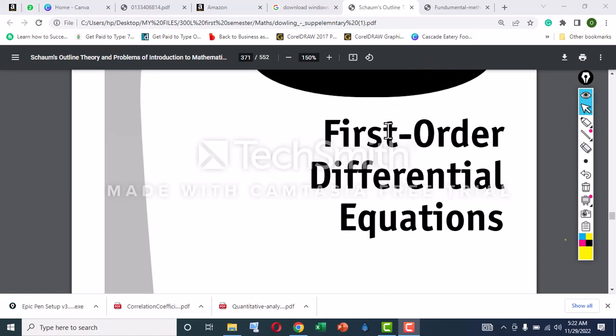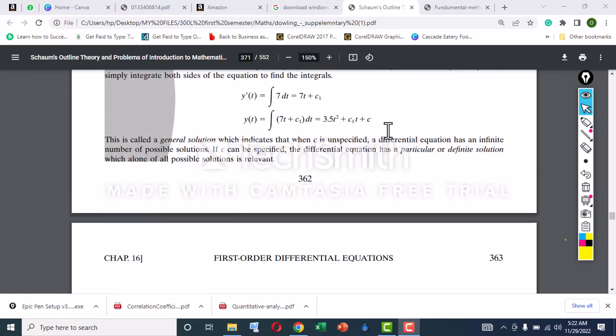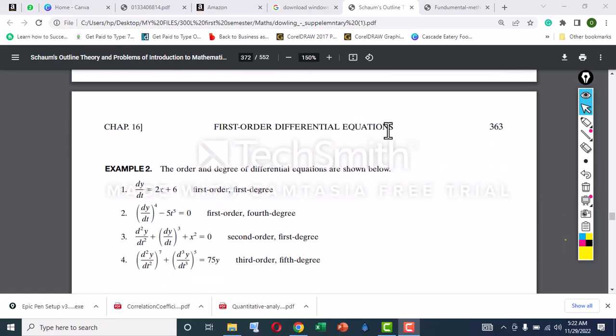I am going to be starting with how we can know the order and degree of differential equations. The order of a differential equation refers to the highest order. What do I mean by that?